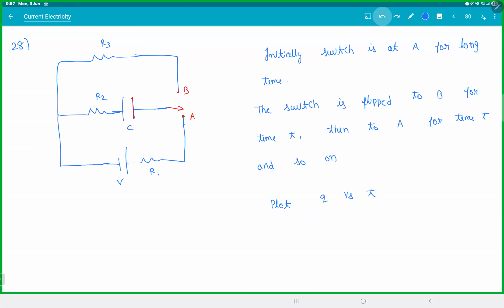So the capacitor is charging and discharging continuously. Let's say you keep the switch at B for 1 second, then bring it back to A for 1 second, then B for 1 second. You're doing this continuously.